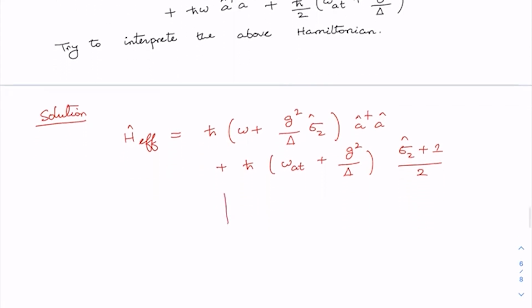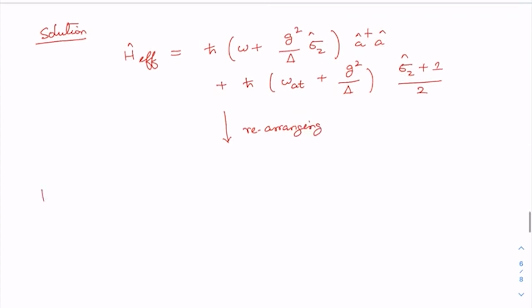Now various terms can be rearranged. If we rearrange the terms, then we can write this effective Hamiltonian in this form. Let me take sigma z common.